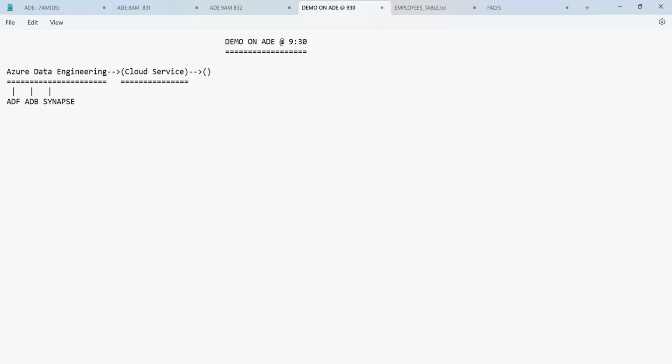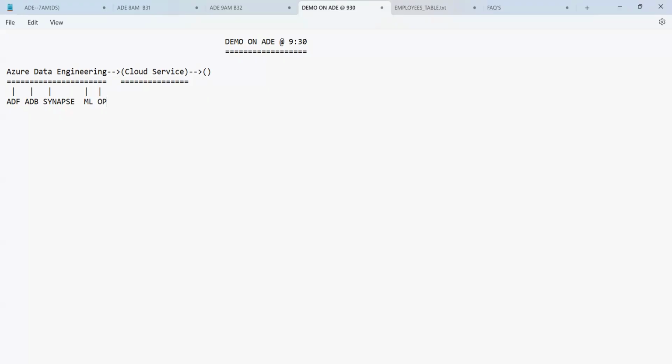Apart from ADF, ADB, and Synapse, then we have the next one, Azure Machine Learning. Then we have Azure Open AI.